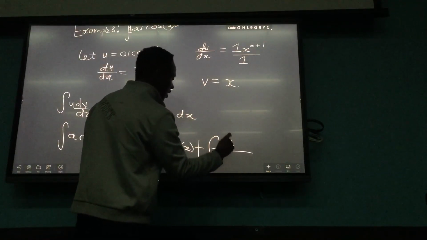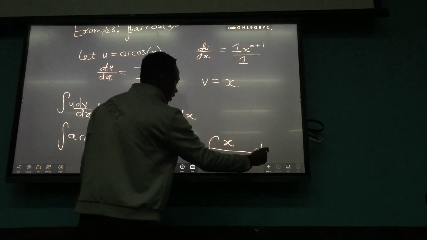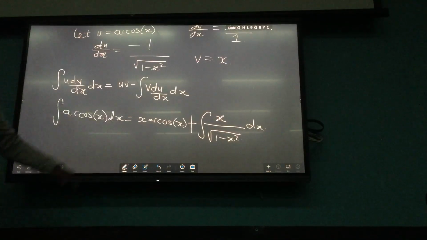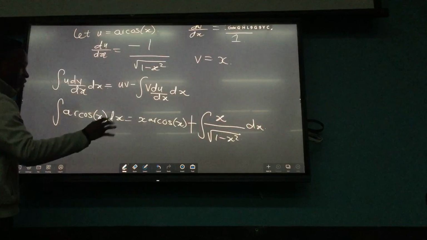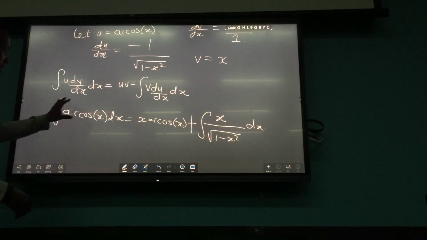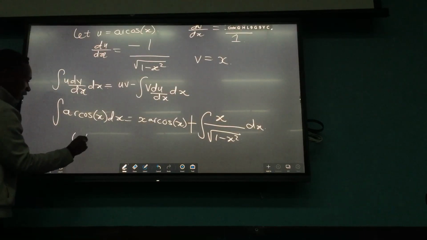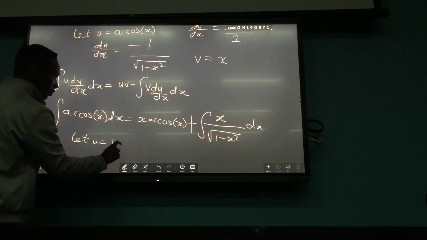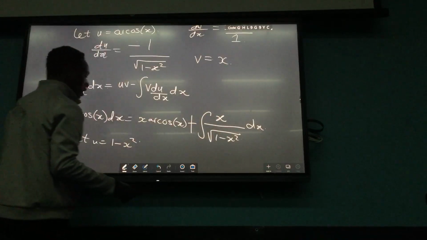So you now have plus the integral of x over the square root of 1 minus x squared with respect to x. Now you are going to use u substitution on that part, because we have an integral on the solution side that we also have to solve so that we end up getting a full solution, because this is the question, this is what we were asked, right? So we say let u equal 1 minus x squared, so u is what's inside the square root sign.